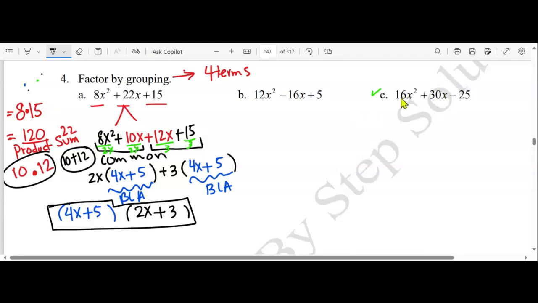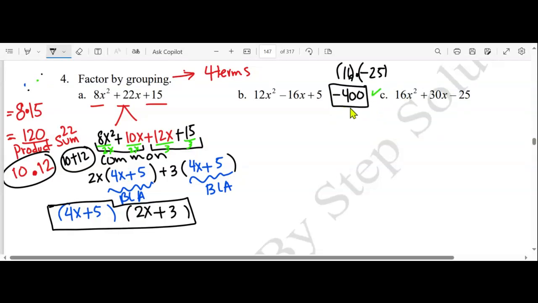Okay, so I have here 16 and 25. Please, can someone do on the calculator, multiply 16 times negative 25? Negative 400. That is the product.